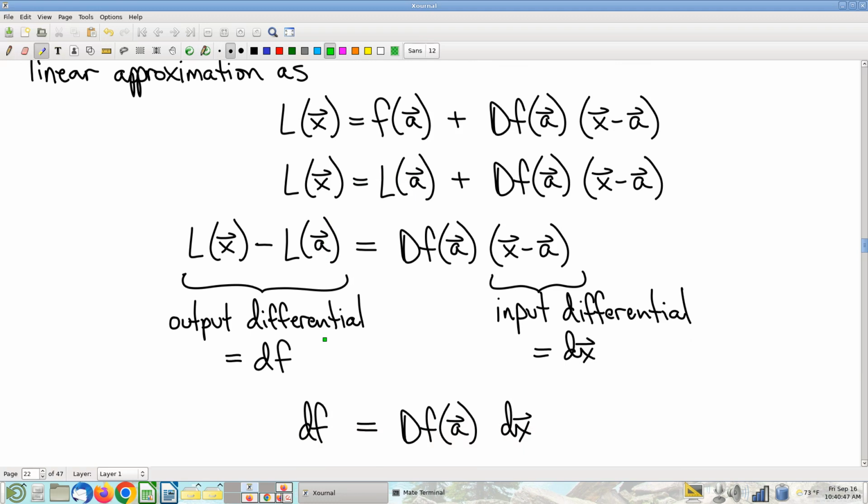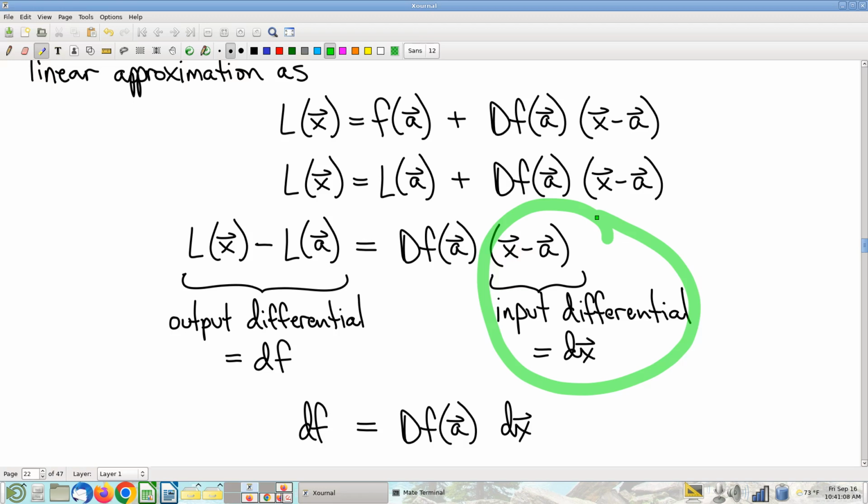What we've got here is a relationship between how much I change the input to the function, namely, I'm starting at the point a, and I'm interested in what happens when I move a little ways over to some presumably nearby point x. That's how much my input changed.